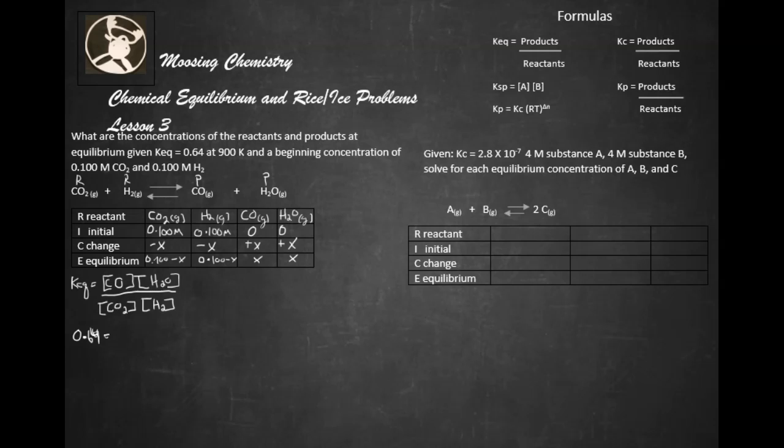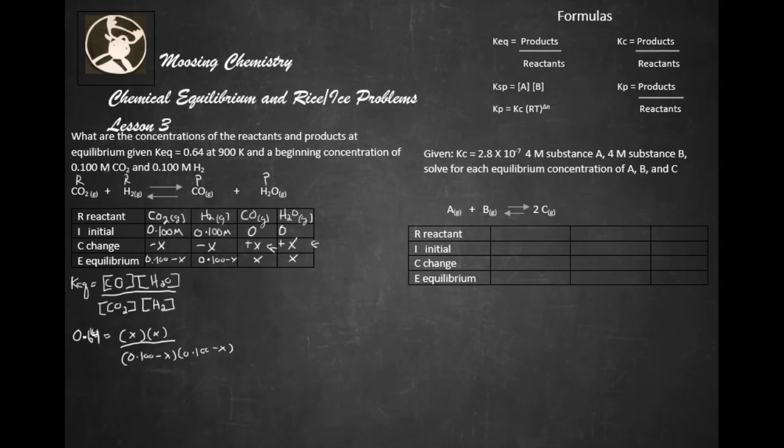This gives me x value and x value. I get that from this here and of course that there, right? Alright, so it gives me that. And this gives me, of course, the same thing on the bottom, 0.100 minus x, 0.100 minus x.